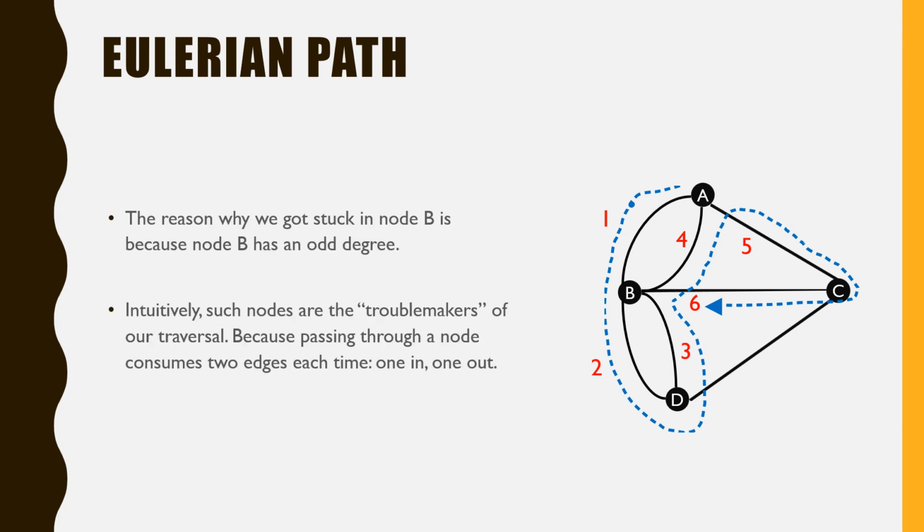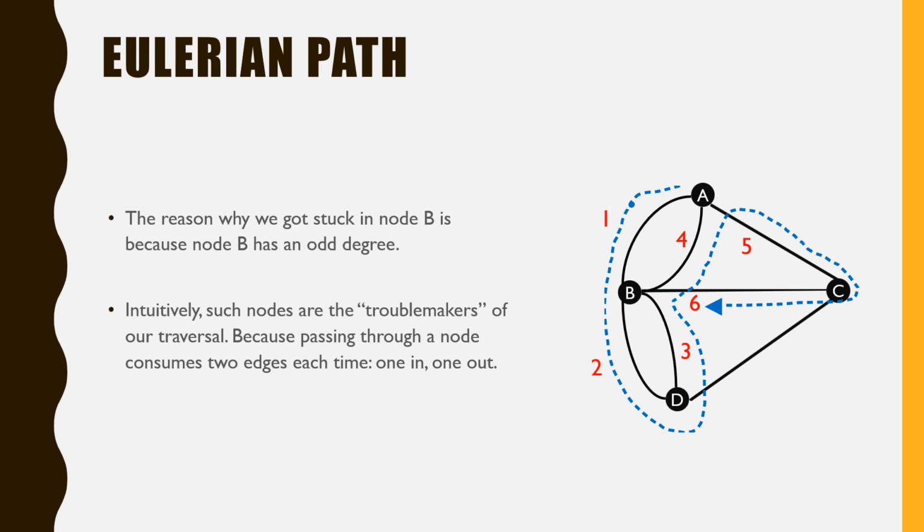Although our traversal was constructed arbitrarily, analyzing why it failed reveals an important insight. We got stuck at node B because it has an odd degree. That is, an odd number of edges connected to it. Intuitively, every time a path passes through a node, it consumes two edges, one to enter and one to exit.